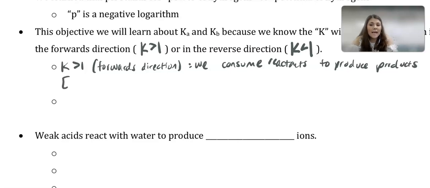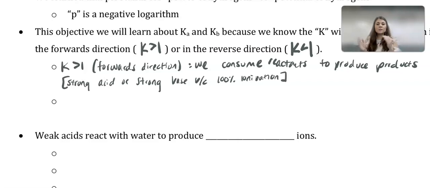So here, a K that's greater than 1, this is a strong acid or strong base because of the 100% ionization. So last objective, when we talked about strong acids and strong bases, their K values are very large because you consume the reactants, so they're limiting reactants, to produce products, they're ions. That's why whatever the concentration of your acid, that was the concentration of its ions when it was broken up.